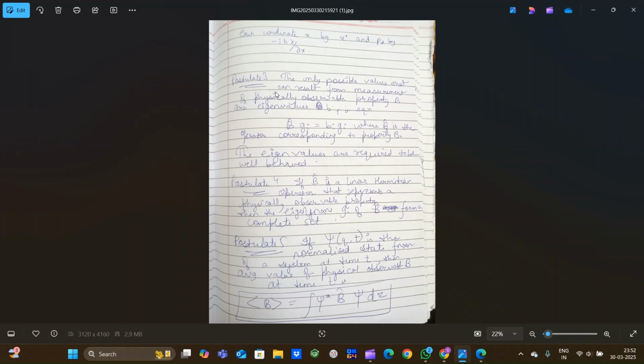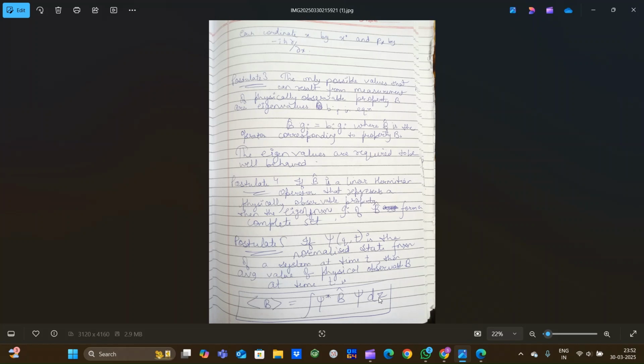The expectation value is represented by this symbol, and it can be calculated by the integration of psi star, your operator applied on psi, d tau. Your d tau can be dx, dy, and dz. I will put a question on this along with its solution in the next video. For now, you just learn the postulates.